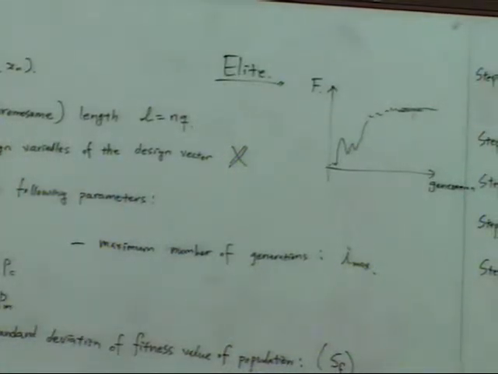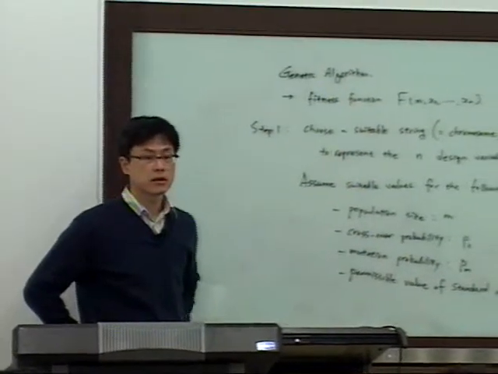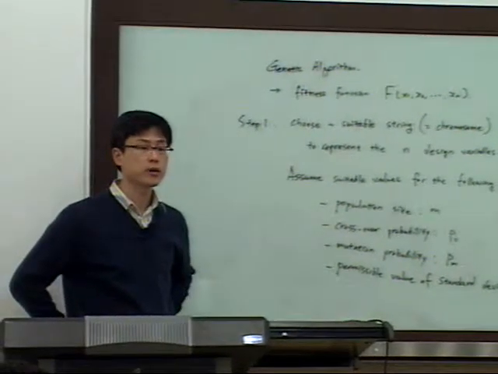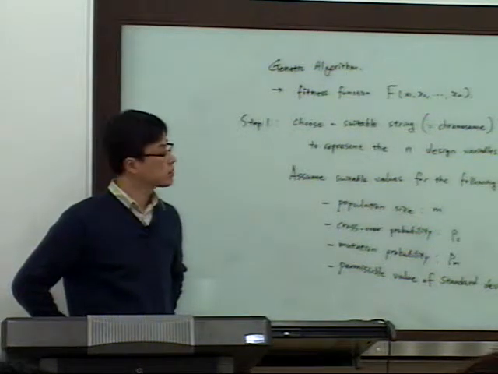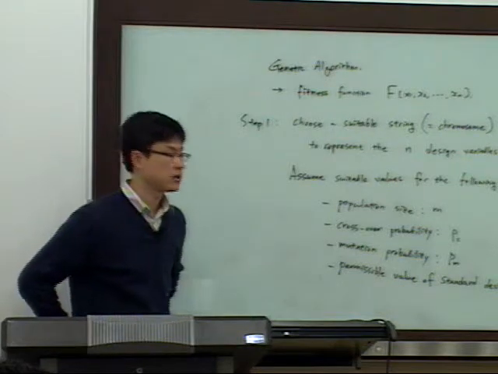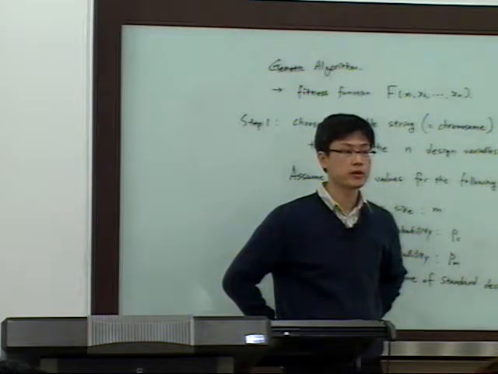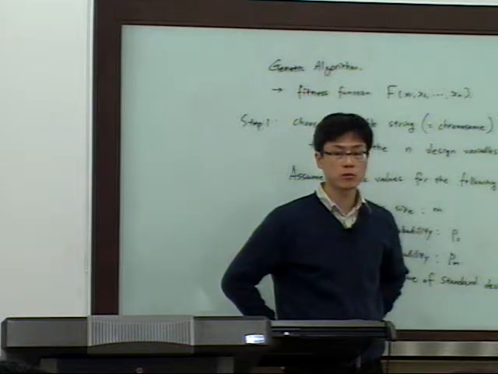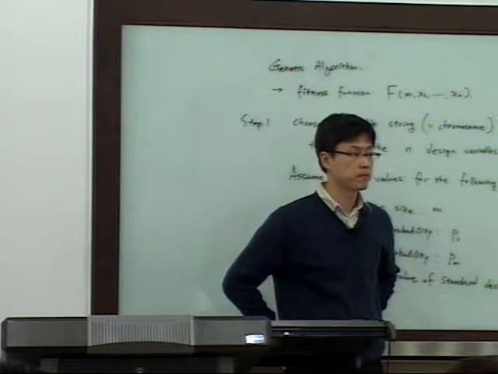Usually, as I mentioned in the previous class, this is very computationally expensive because it requires function evaluation as many times as the population size. If you have M chromosomes, you have to evaluate M times for each generation.